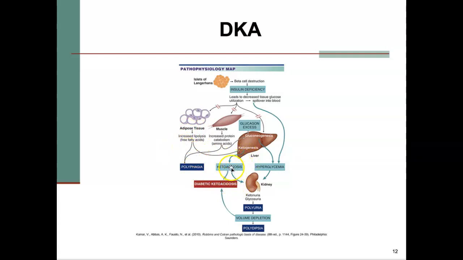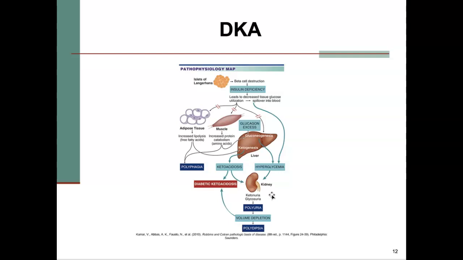So this ketoacidosis and this hyperglycemia start to affect the kidneys, and so what you have happening is the ketone bodies are being excreted in the urine. You get a high level of sugar in the urine. And so then you have this whole osmolality that happens.